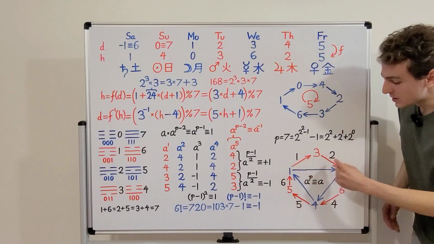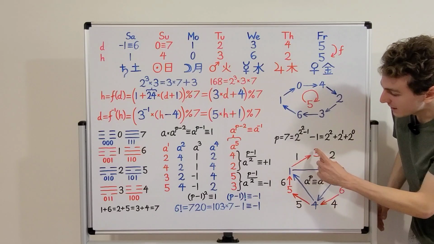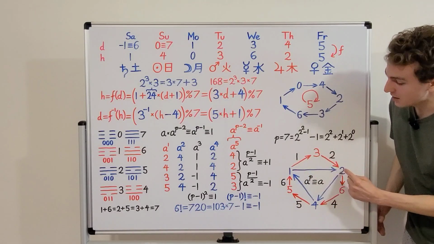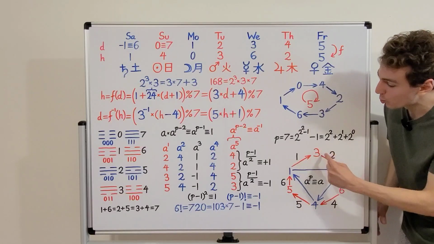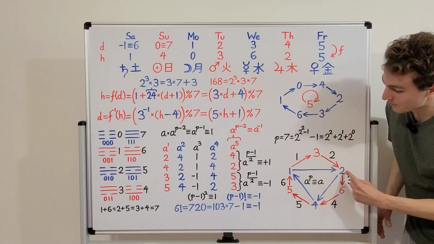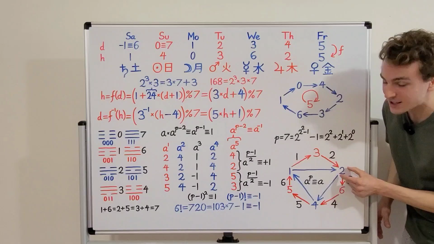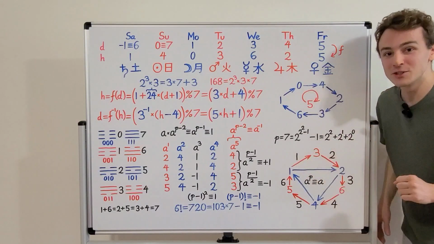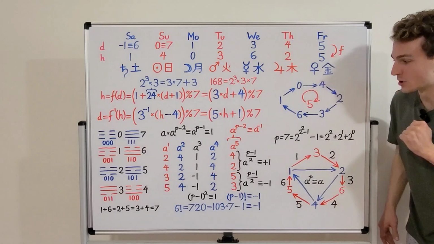And in this visual depiction, you can see that 3 goes over here, but 2 skips over 3. And you can also see that 3 squared is equivalent to 2. So this tells us that 2 is a quadratic residue, and 3 goes through all of the values, so it is a primitive root.